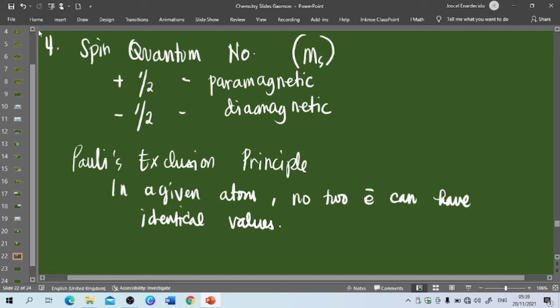Meaning to say, each of these two electrons has a different set of quantum numbers.